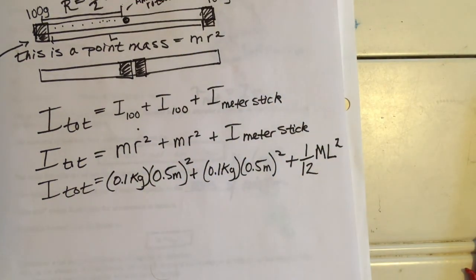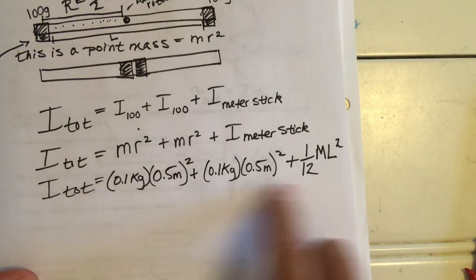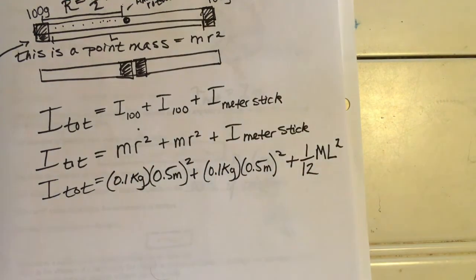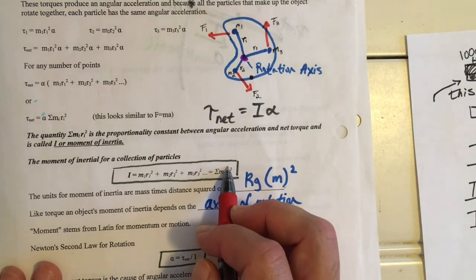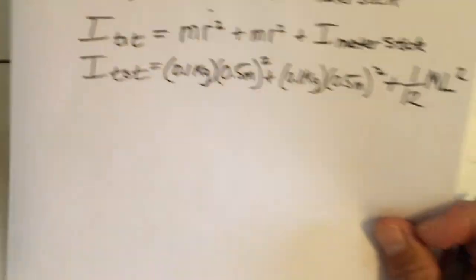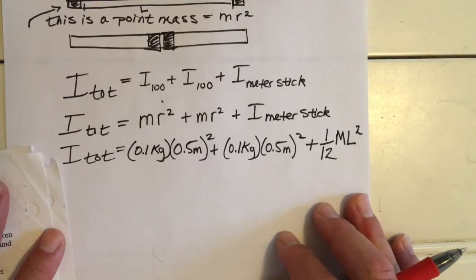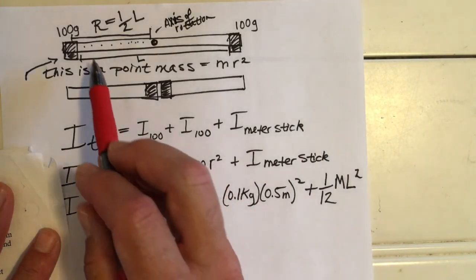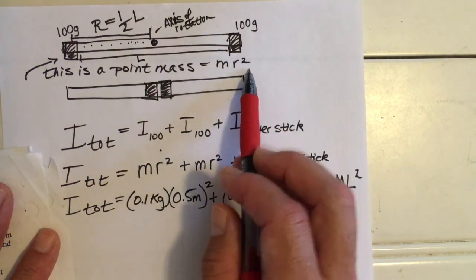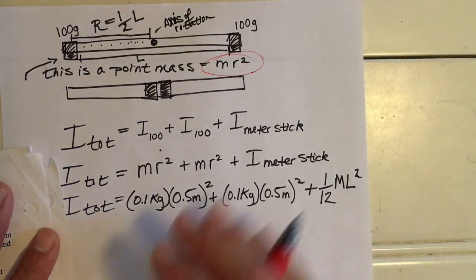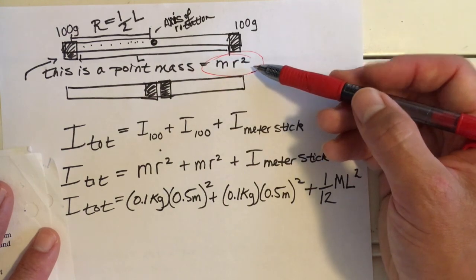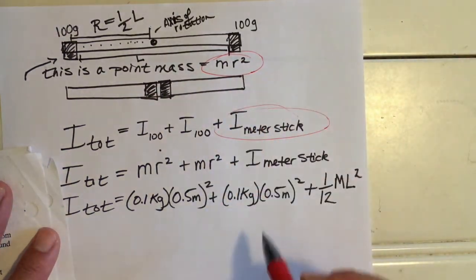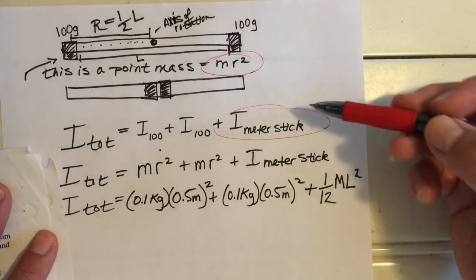So we've got a lot going on here, and you're going to get some practice with this in the lab. But you can see that adding up moments of inertia is important for an object like this, where you have 2 point masses of mr squared. It's useful to know that a point mass is just mr squared, and for a meter stick you'd either need calculus or the formula.